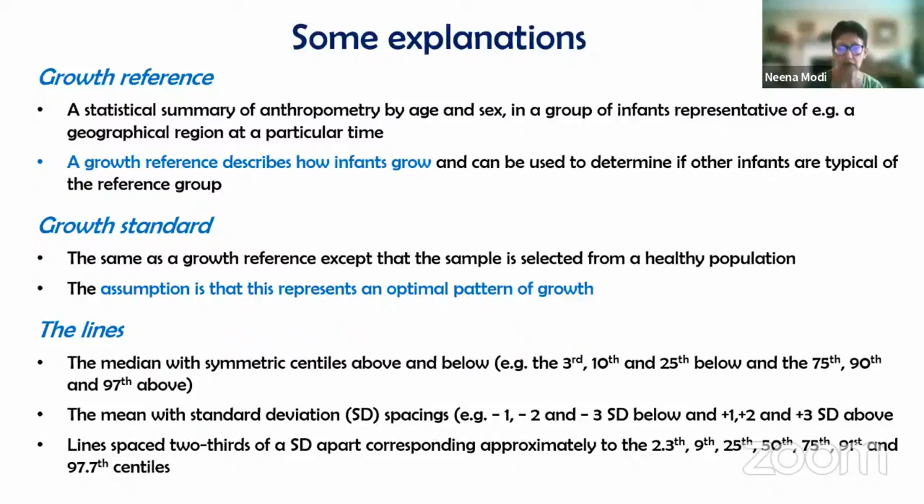In contrast, a growth standard is the same as a growth reference, except that the sample is selected from a healthy population and there is an assumption that this represents an optimal pattern of growth. So please be aware of the difference between a growth reference and a growth standard. A growth standard is built on the assumption that this represents an optimal pattern of growth. A growth reference is simply a description.